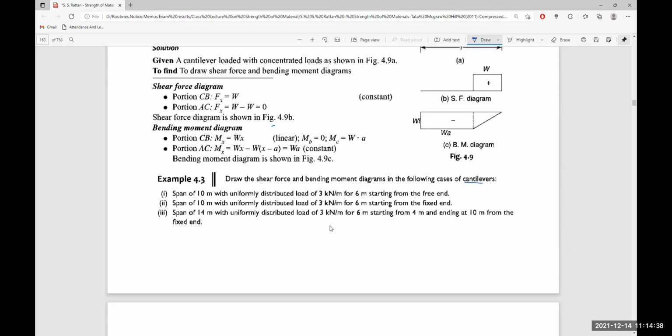This is also a cantilever, with a distributed load of 3 kilonewton per meter over 6 meters from the free end.